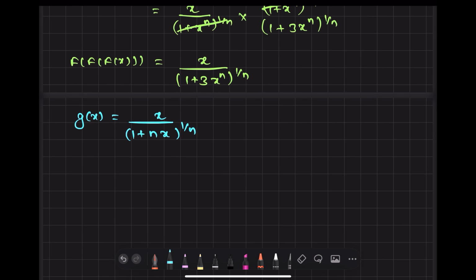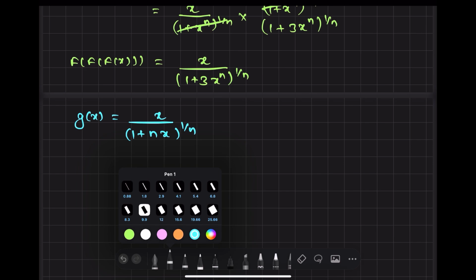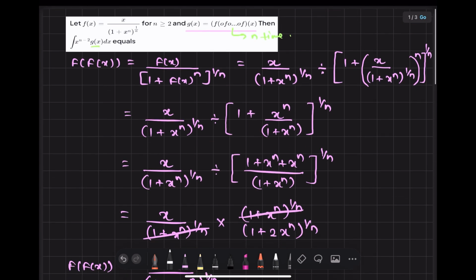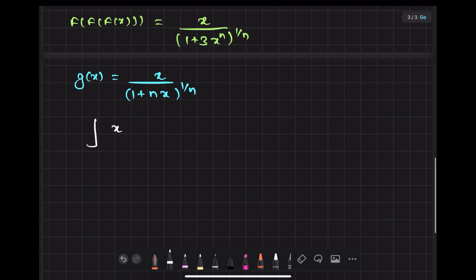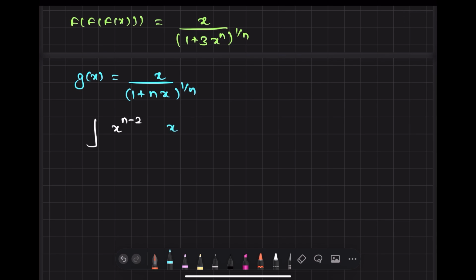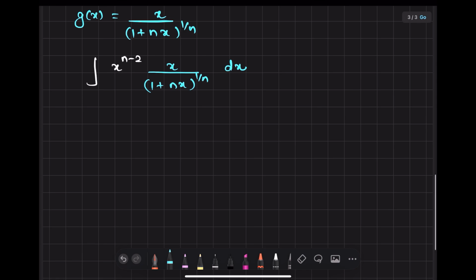Now let's go to the integration part, where integration was integrate x to the power n minus 2. I hope, yes, n minus 2, x to the power n minus 2, and then they wrote g of x. So g of x is this 1 plus nx power n to the power 1 by n, and then we have dx. Now look at this.